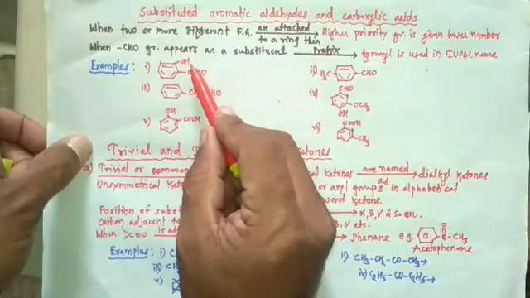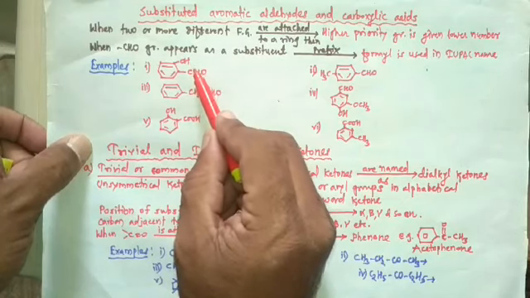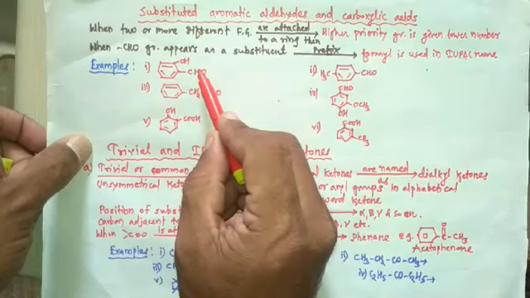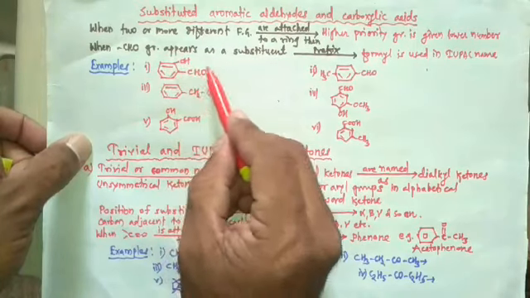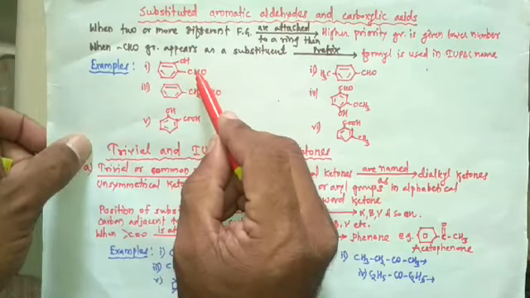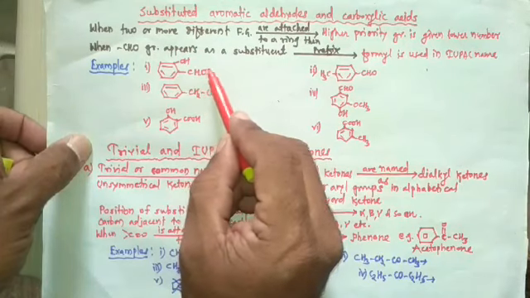The common or trivial name of this compound is salicylaldehyde, because if instead of CHO there was COOH, the name of that acid would be salicylic acid.